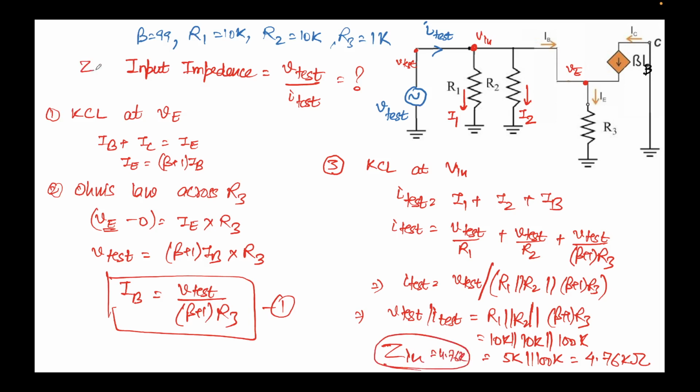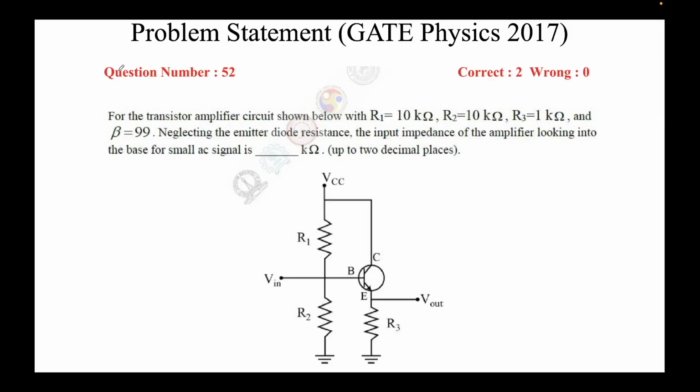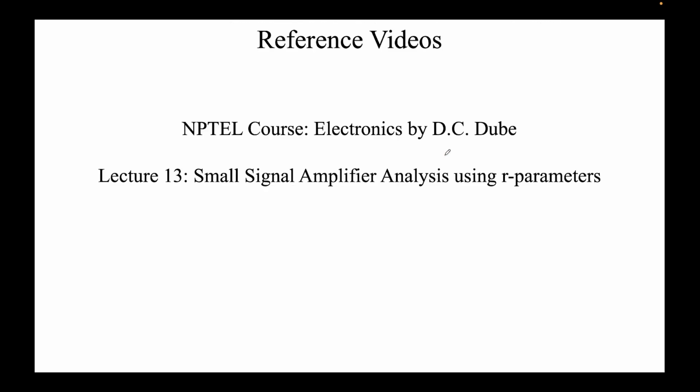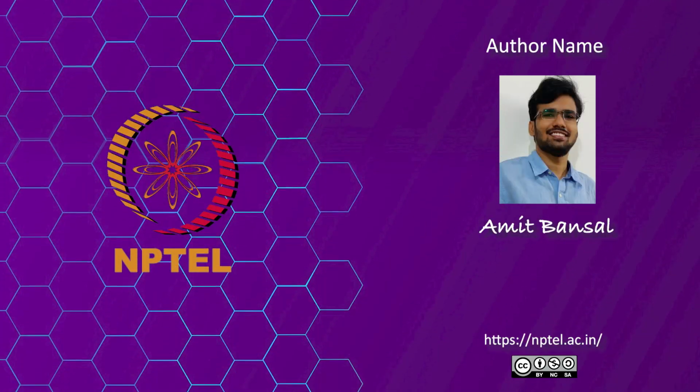We just found out that the input impedance is 4.76 kilo ohms, and this is already up to 2 decimal places. So that is all that we had to do. Thank you for listening.